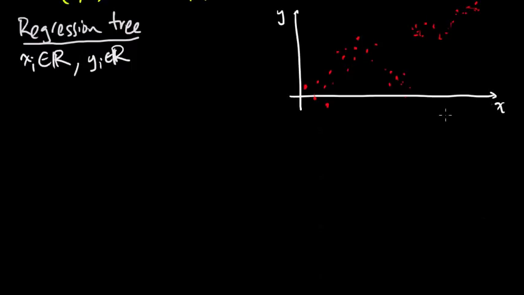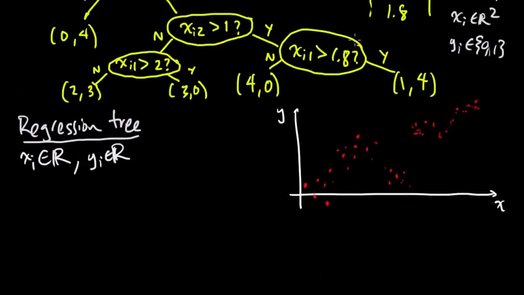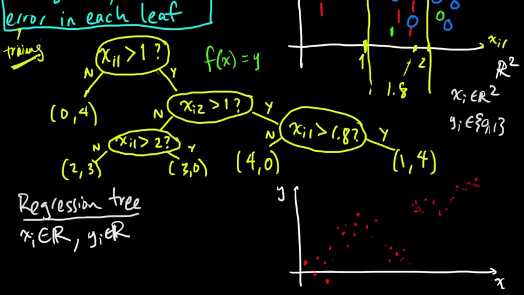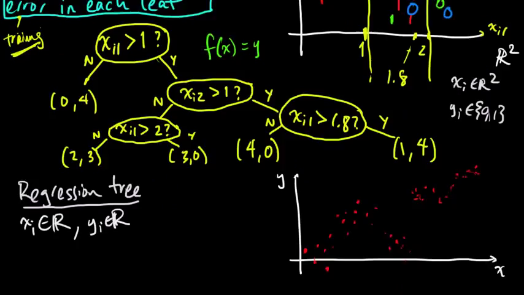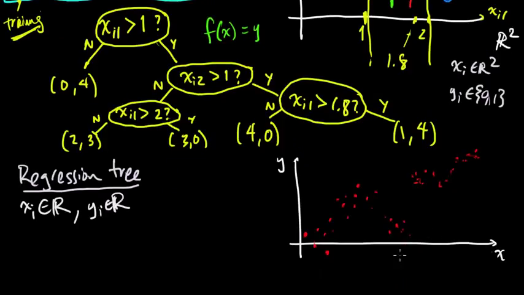Now, just like before, we constructed this binary tree. Remember, our general approach for a classification or regression tree is to construct a binary tree, and we'll minimize the error in each leaf. Let's just choose some arbitrary tree here.